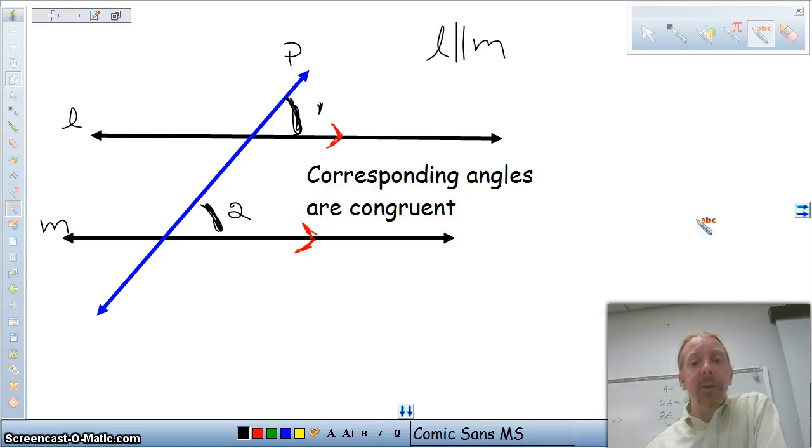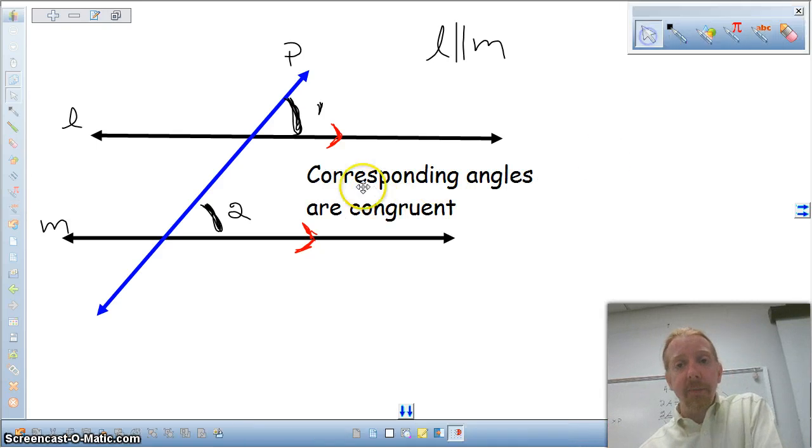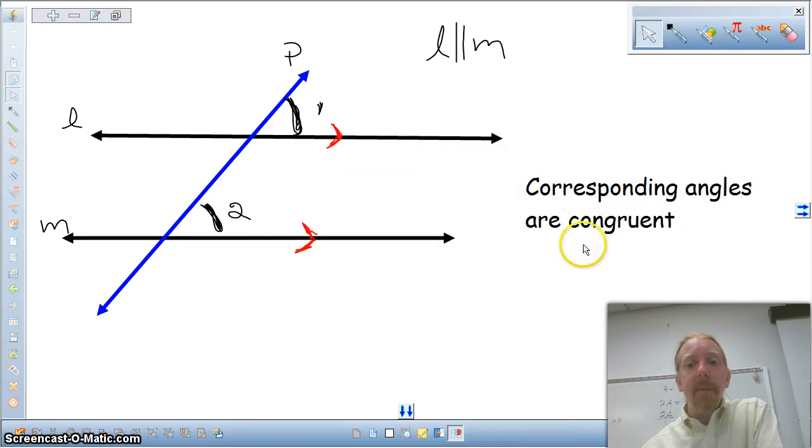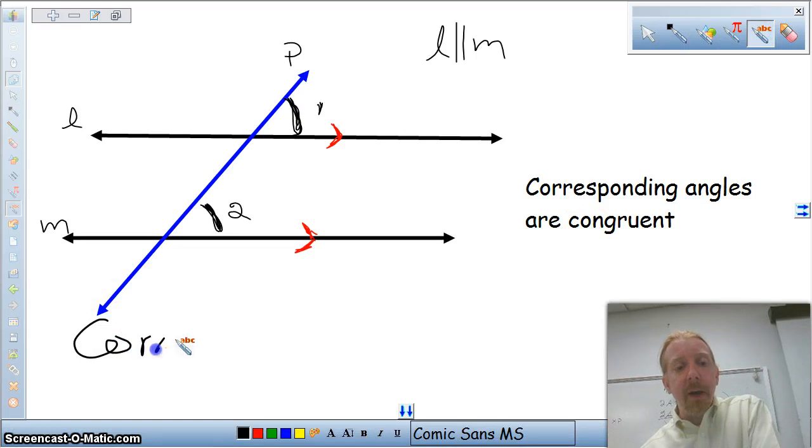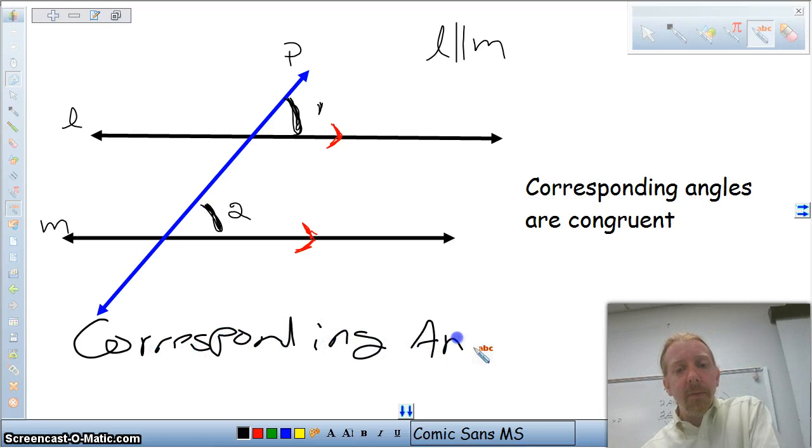That was one of the consequences that should have come out of your exploration today. Now, that comes also as part of what is referred to as the corresponding angles postulate.